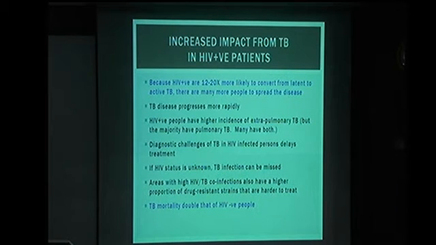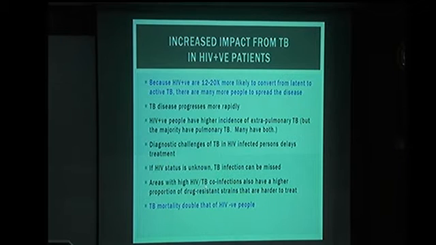Okay. Also, TB disease progresses more rapidly in these patients. They have both extrapulmonary and pulmonary TB. We've already talked about the diagnostic challenges. If you don't know that they're HIV positive, we can miss that they're infected. We may not be able to assess that unless we know the HIV status.